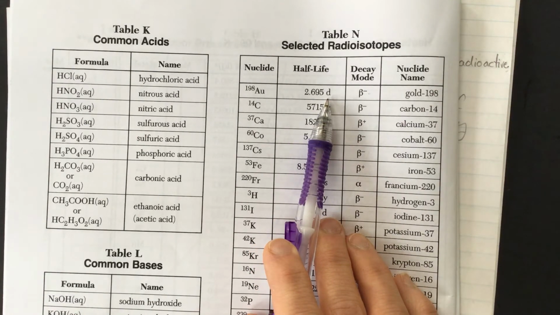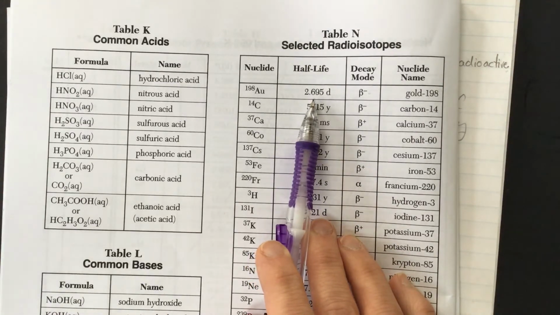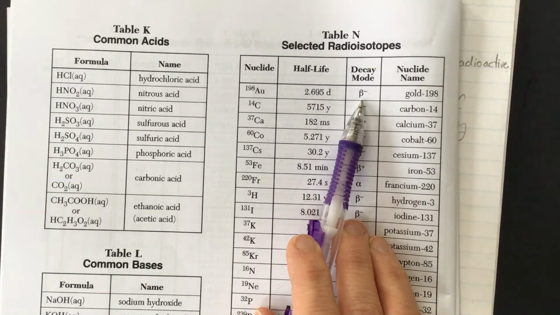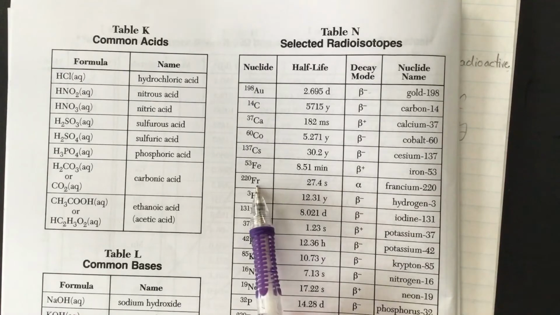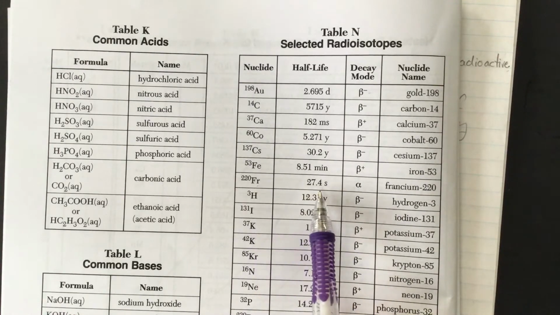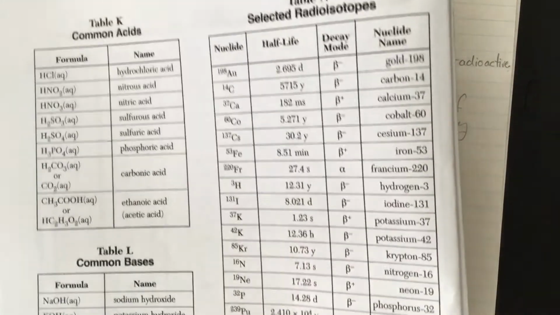So just shy of 3 days, and half of that will break down. And then in about 2.7 days, half of it will break down more, and half. And that undergoes beta decay.